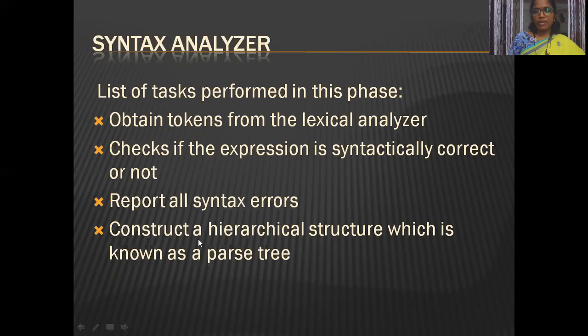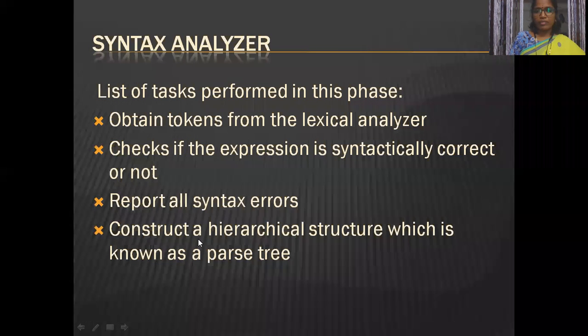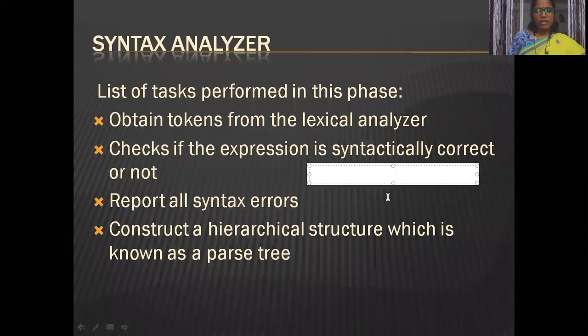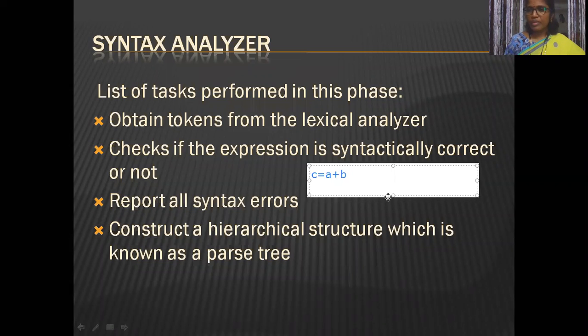Let's have an example. Suppose C = A + B. Is it a correct statement? Yes, definitely. We are adding A and B and assigning the value of A plus B to C. If I write C = AB +, will you agree?